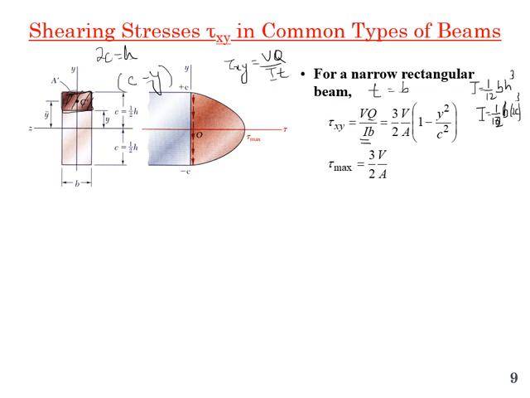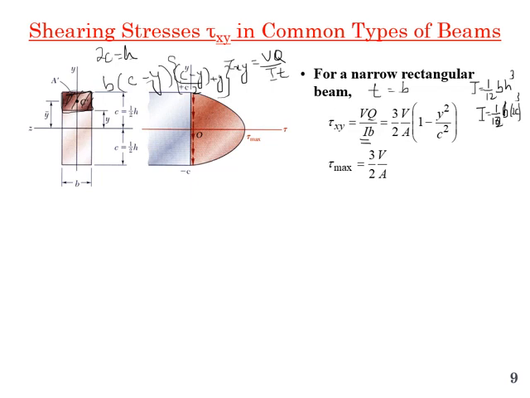And the area will be multiplied by b, so this will give this area, and this distance, I can write as c minus y divided by 2. So if I get this dimension, c minus and plus y, so y plus half of this, it will give me this value.